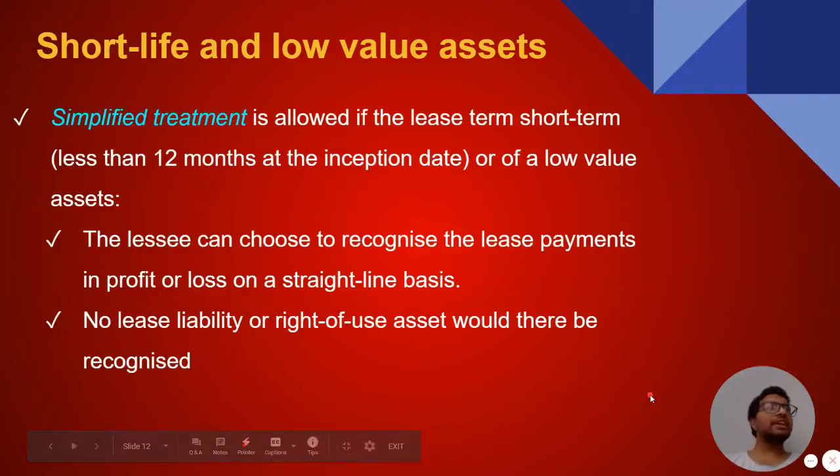So next thing that we also need to look at is short-term and low-value assets. IFRS 16 does not really give a numerical value of low-value assets, but it provides us something else. I'll tell you in a bit. So simplified treatment is allowed if the lease term is short term, that is less than 12 months at the inception date.